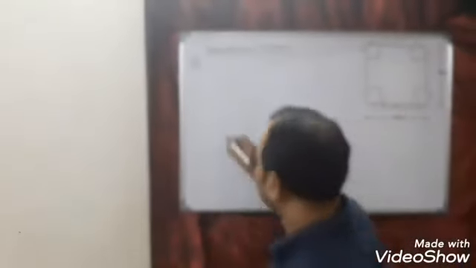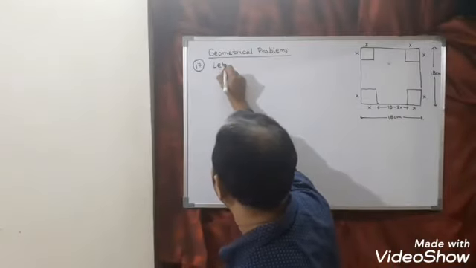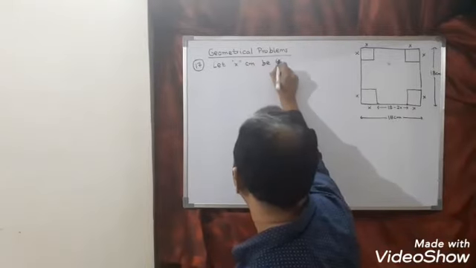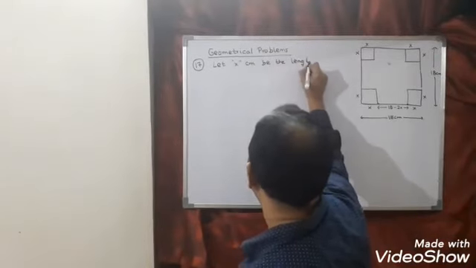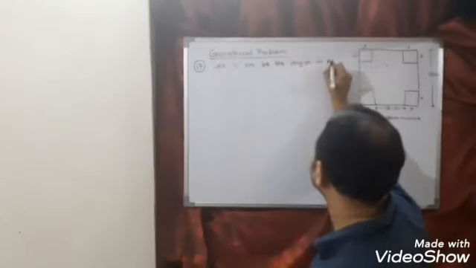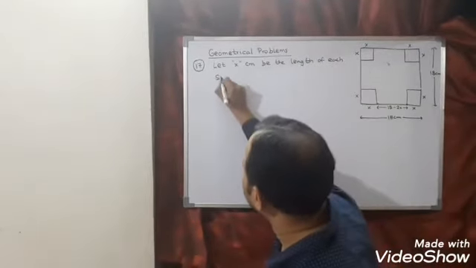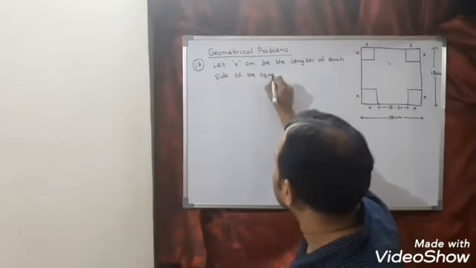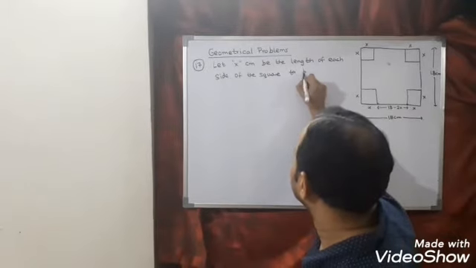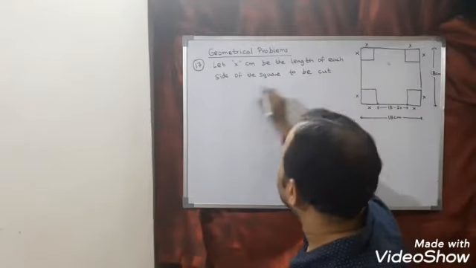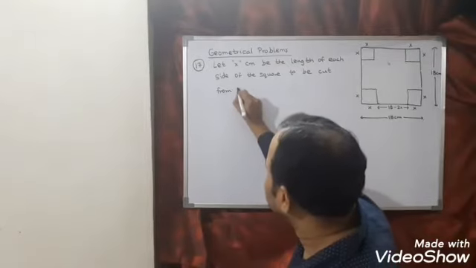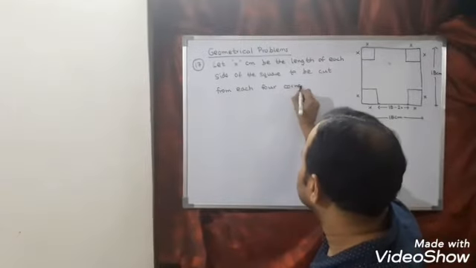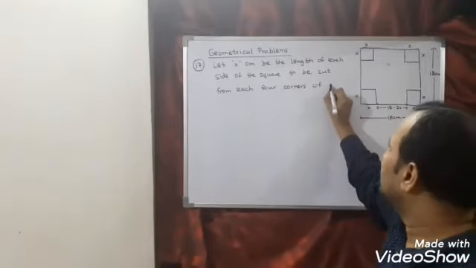So let us write the solution. So here I can say let x centimeter be the length of each side of the square to be cut from each of the four corners of a square.